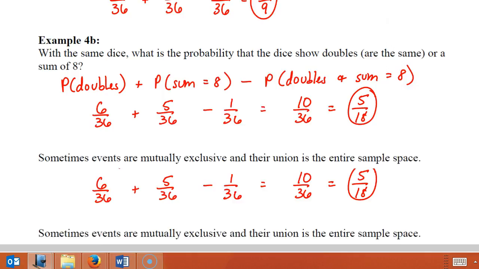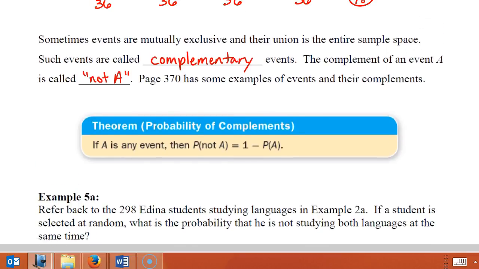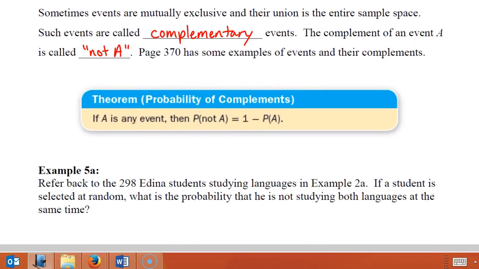Now, one final term you should be familiar with is this idea of complementary events. And all that means is that the complement of an event is everything that's not that event.